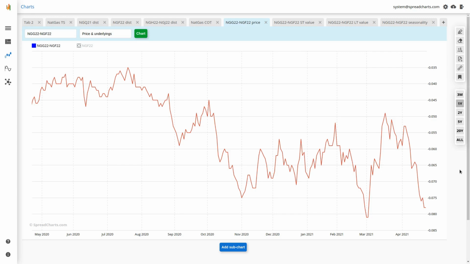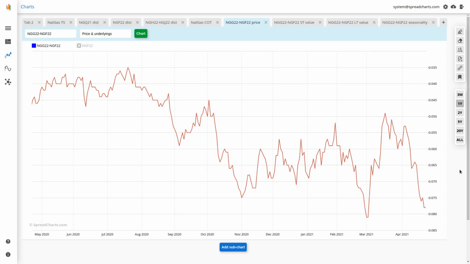I was looking forward to the production in the US growing back towards 95 billion cubic feet per day, and that's not happening just yet. The second problem is that the LNG exports are holding steady and they are much higher year over year. So that's another headwind for the spread.